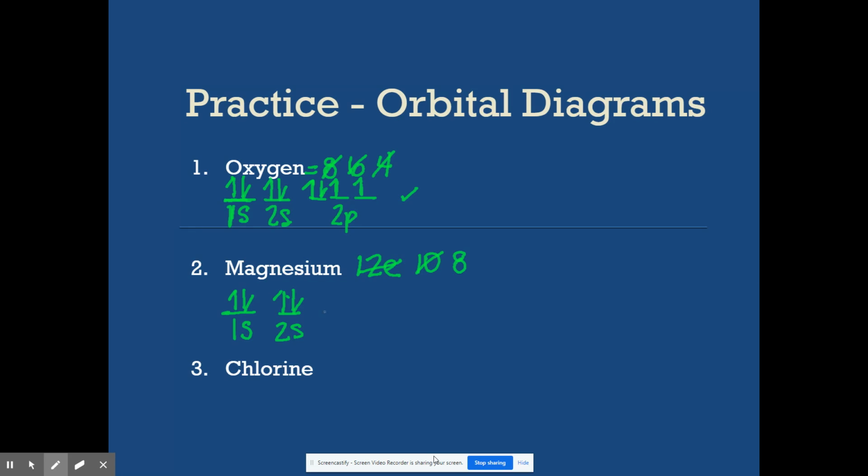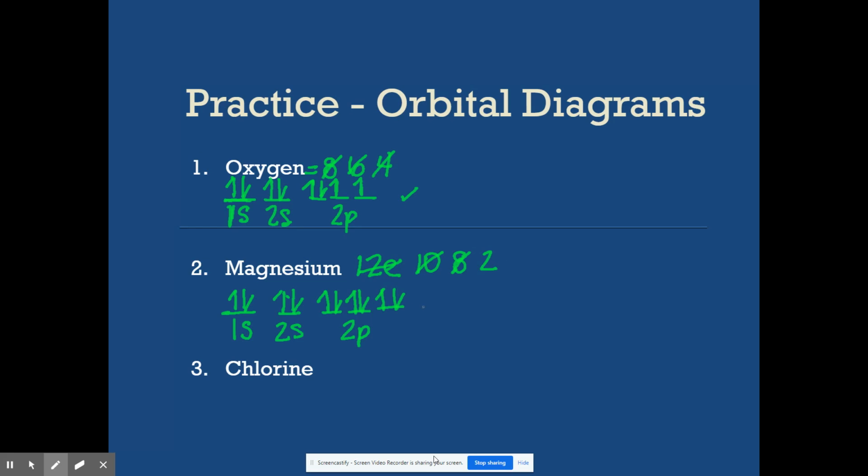After 2s is 2p. P's get 3 lines. So we go 1, 2, 3, 4, 5, 6. 8 minus 6 is 2.